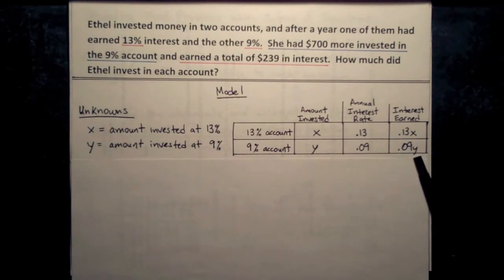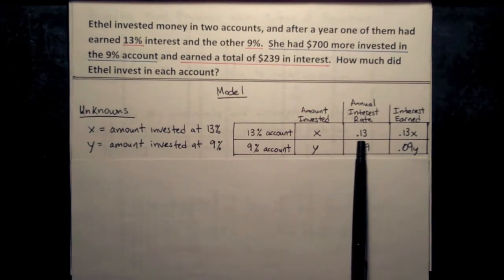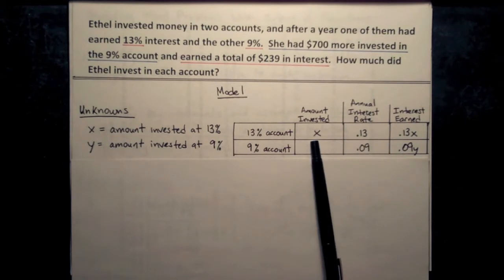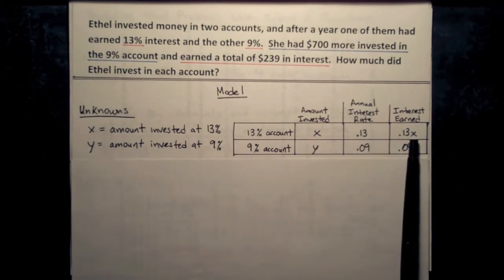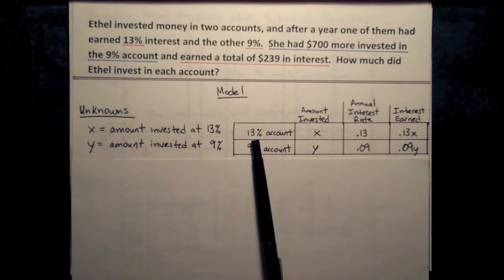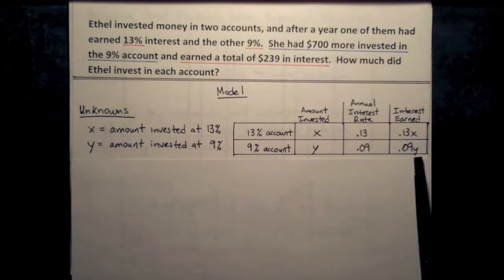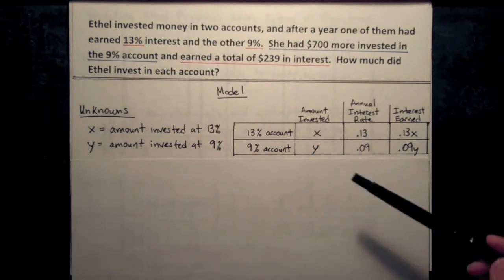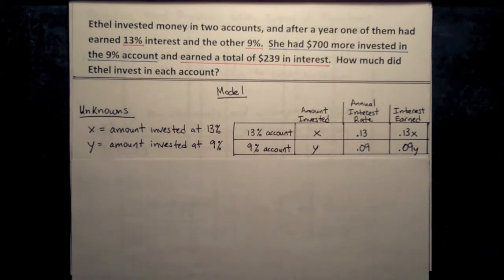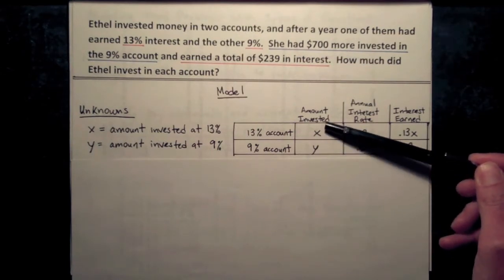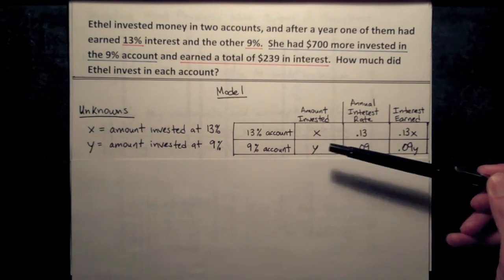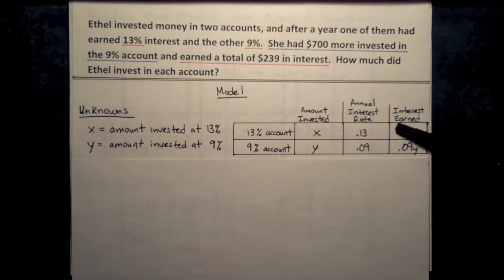This is going to be simple interest, so we're just going to multiply the interest rate times the amount invested. 13% of X dollars is the interest earned on the first account, and 9% of Y dollars is the amount of interest earned on the second account. This table is going to be useful because it's going to help us set up our equations. In every one of these examples, one of the equations is going to involve the amounts invested, and the other equation is going to involve the interest earned on each of the two accounts.